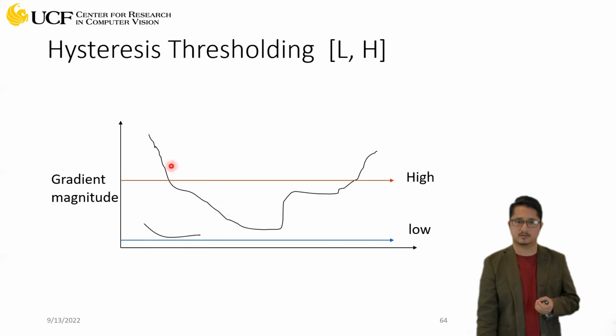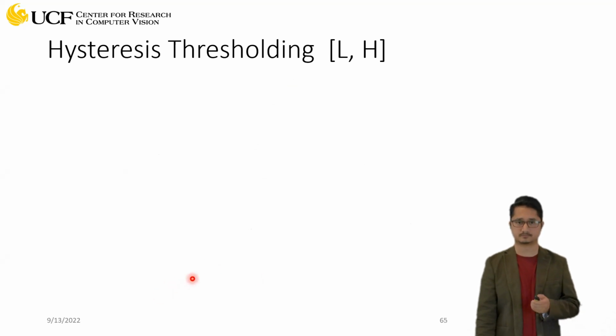But if we find an edge in which some of the pixels are above high and some of them are below high, we will say that this still counts as an edge. So we count all these pixel locations, even when they were lower than the high threshold, as an edge. And of course, if the whole edge is above high, that's definitely an edge. And if the whole edge is below low, that's not an edge.